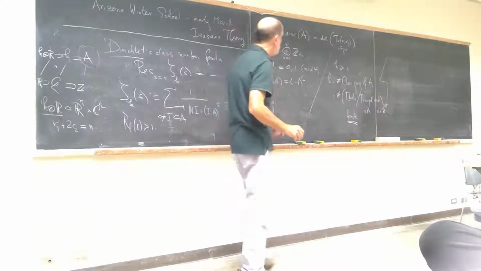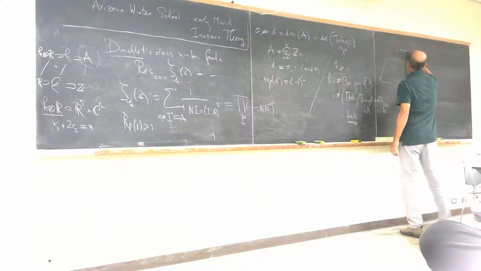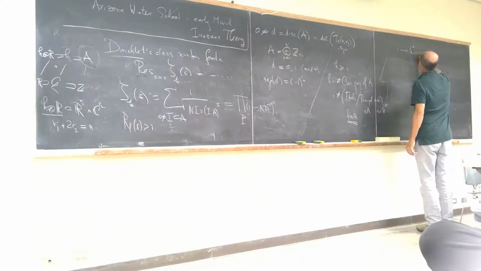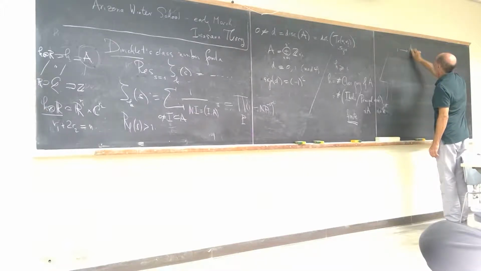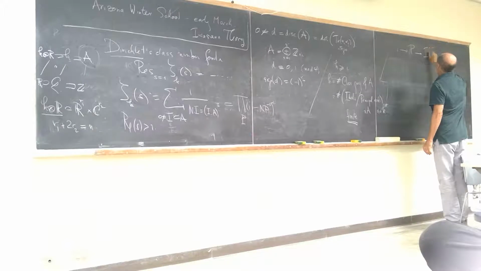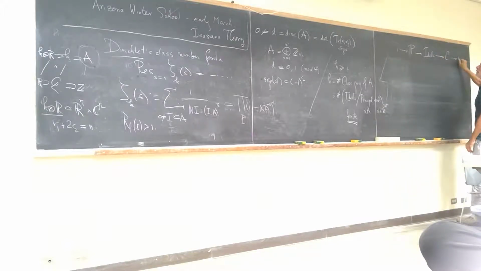Okay, so those two invariants appear in Dirichlet's class number formula, and the final ingredient that appears is related to the units. As I said, there's an exact sequence that goes like this: K star, the principal ideals, all ideals, and the class group. That's one exact sequence. By the way, this group is extremely simple.